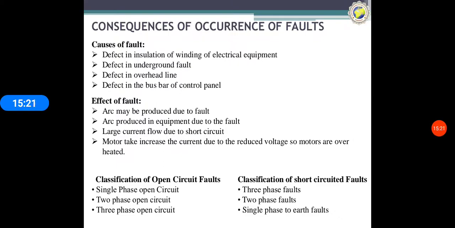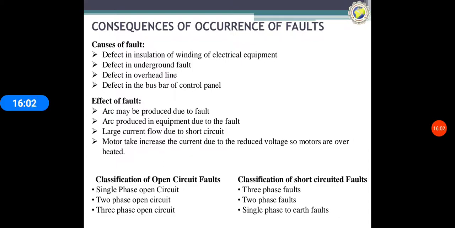Bare conductors are placed over insulators. In the case of an overhead line, the conductor is grounded and a line to ground fault results when the insulator gets punctured or there is a crack in the insulators.